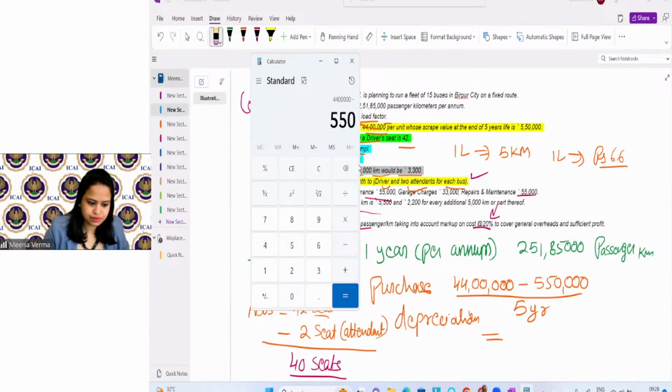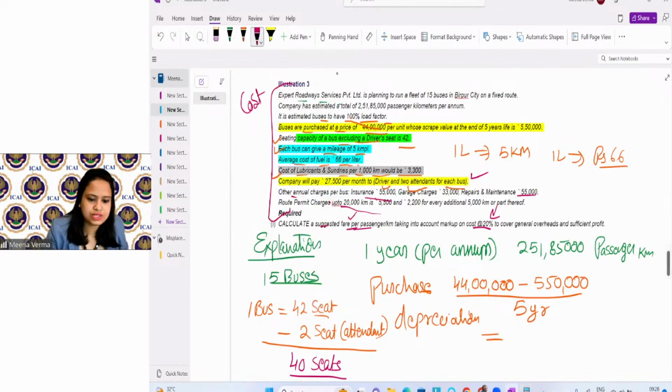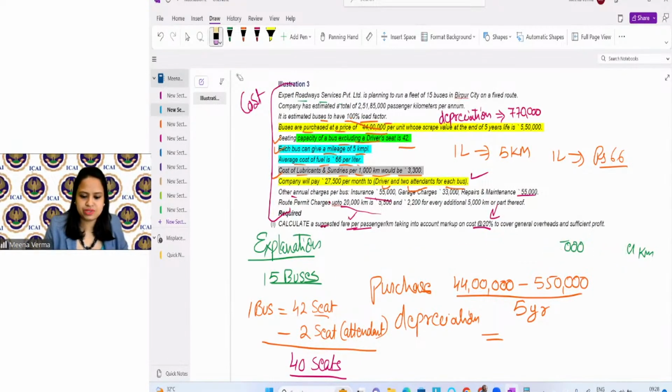Minus, divided by 5 years. So 7,70,000 is the depreciation. I'm writing it here. Right? This is the amount of depreciation.